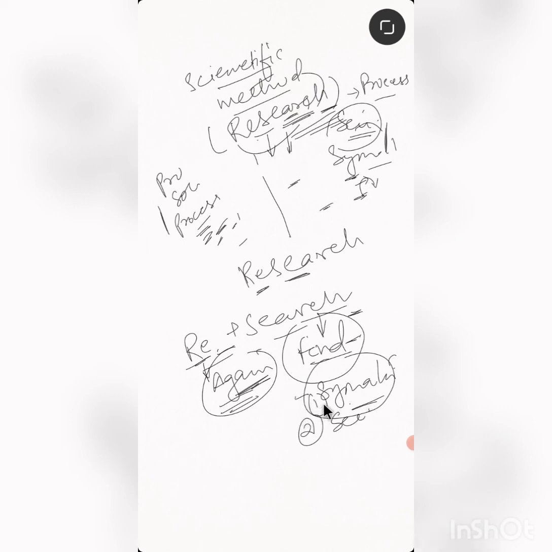We may define research as a scientific systematic method of exploring, describing, explaining, relating, or establishing the existing phenomena. The phenomena that already exist, we explore, describe, explain, relate and establish them. Also the factors that cause changes in the phenomena, and how a phenomenon influences other phenomena. This is one definition of research.